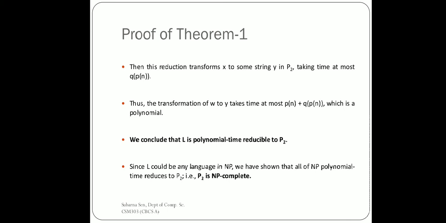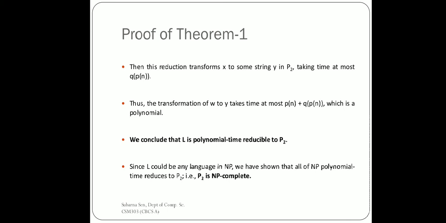If you see the previous slide, x was of length at most p(n), and y in P2 takes q(m). So here m will be p(n). That means the total time will be at most q(p(n)). And thus the transformation of w to y takes at most its original time, p(n), plus the newly generated time, q(p(n)), which is a polynomial. So we can conclude that L is polynomial time reducible to P2, right?